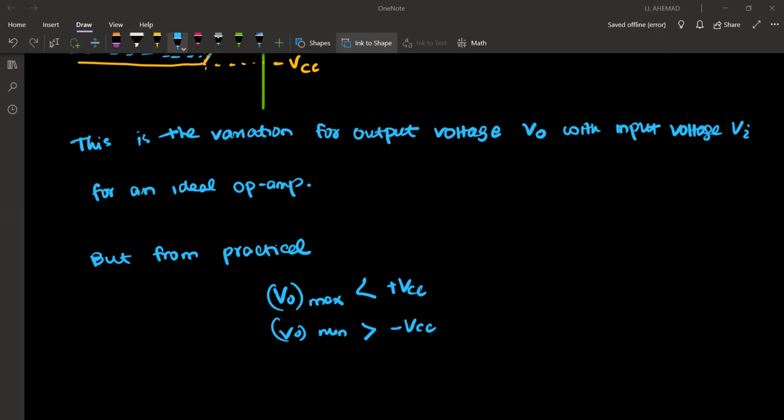The next topic, characteristic of op-amp in open loop. Next subtopic.